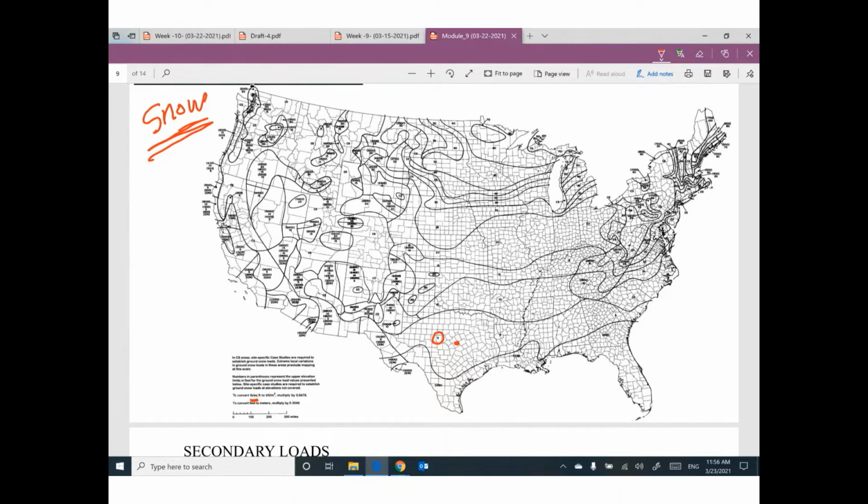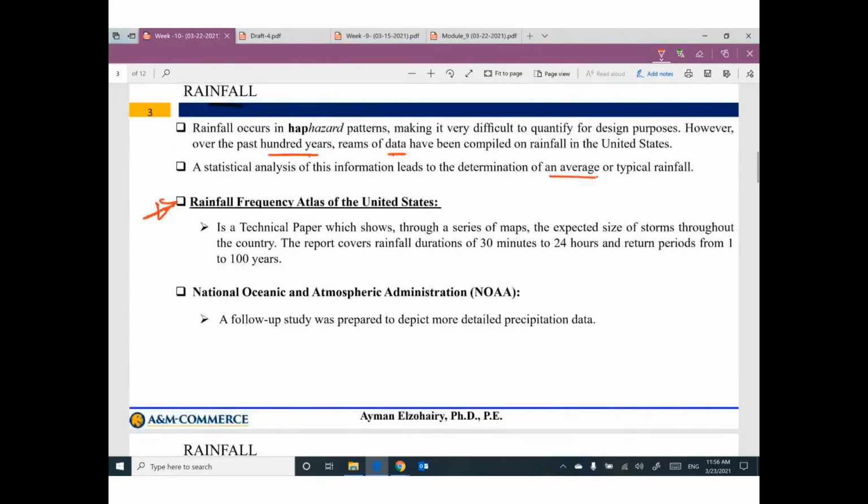The rainfall atlas looks like this. Based on the area, I can figure out how much rainfall is expected. That makes sense? So, the Rainfall Frequency Atlas of the United States is a technical paper which shows through a series of maps the expected size of storms throughout the country.